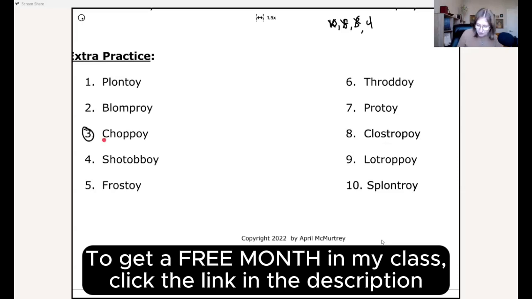Let's try number 3. So this word has a short O because of those two P's and an oi at the end. So our sounds are ch, ah, p, oi, blending them, chopoi. What would that word have said with only one P? Chopoi.